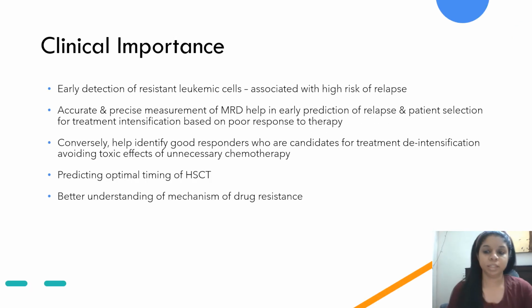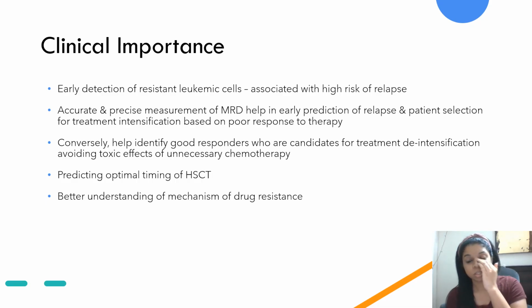So, what is the clinical importance? Early detection of resistant leukemic cells is associated with a high risk of relapse. So how early you detect that there are resistant leukemic cells, that is, after therapy you are still seeing resistant leukemic cells, then it is associated with a high risk of relapse.